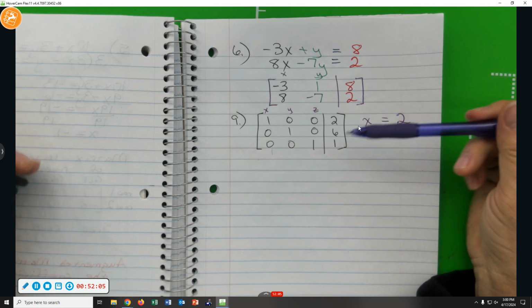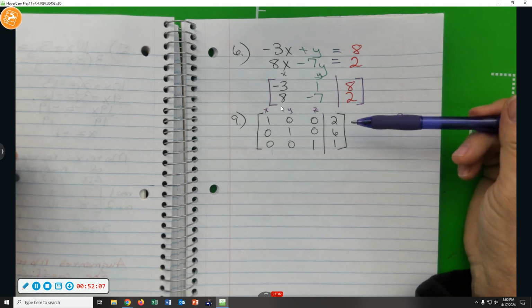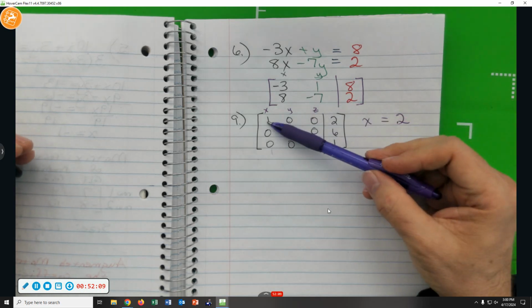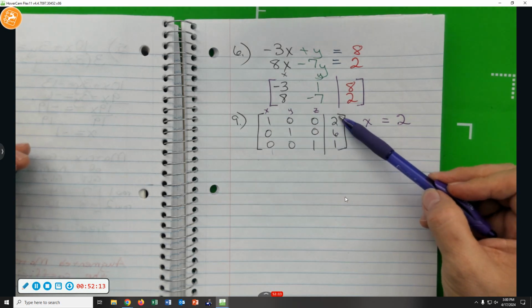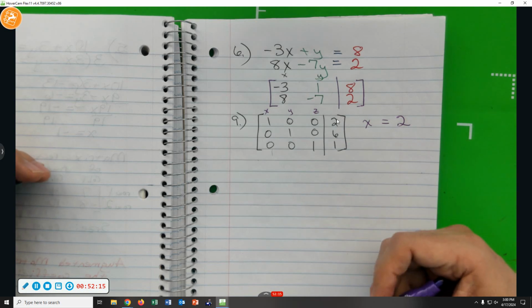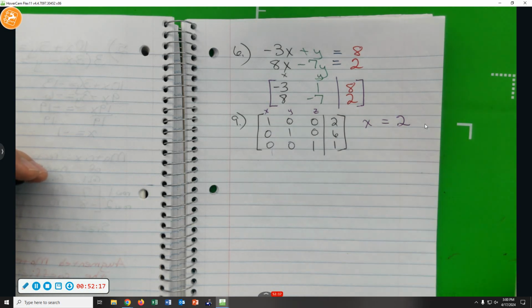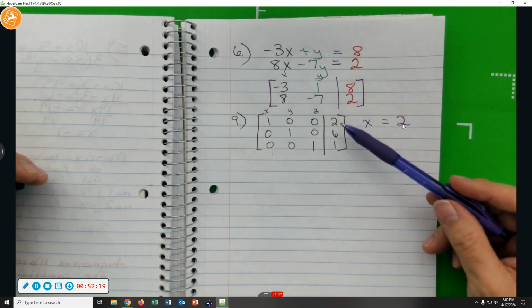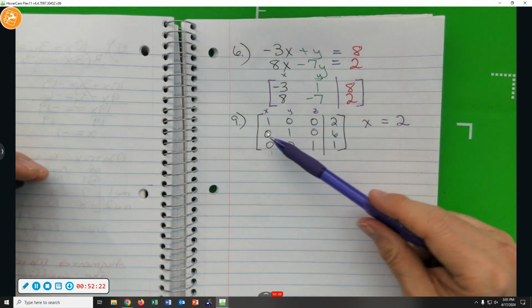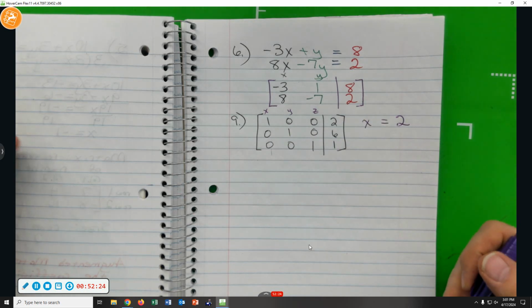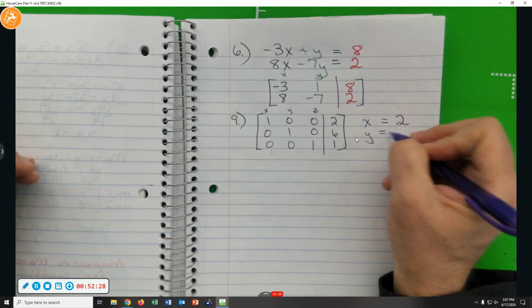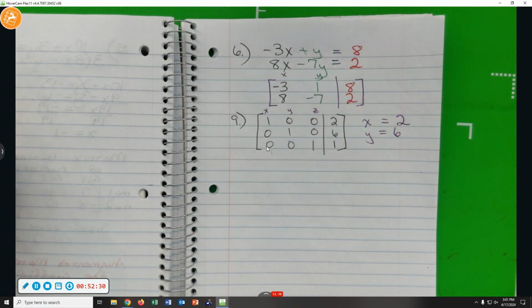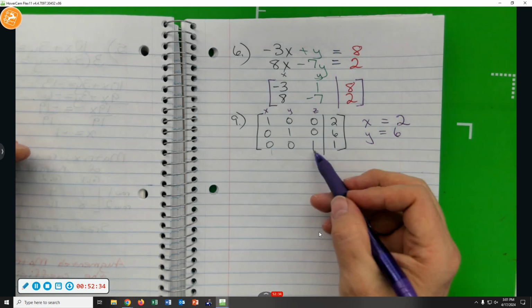When you get the matrix in reduced row echelon form, wherever the 1 is, the number on the other side is the solution to the system of equations. So x is equal to 2. What's the second row saying? So we have 1y, so y is equal to 6. And what's the third row saying? z is equal to 1.